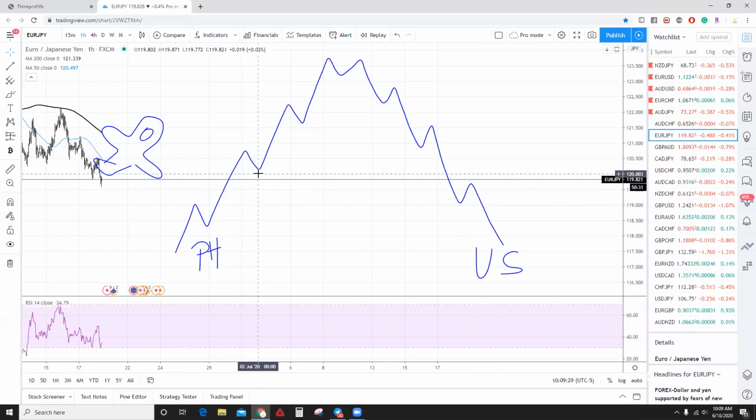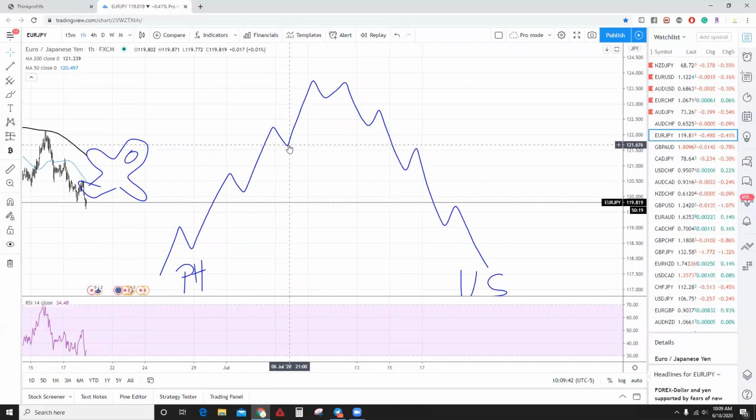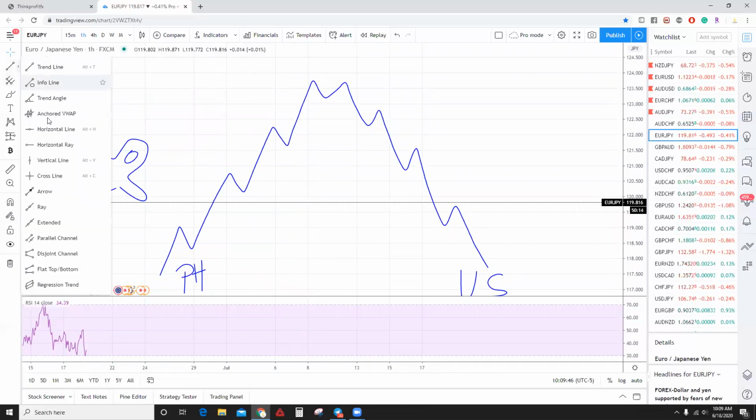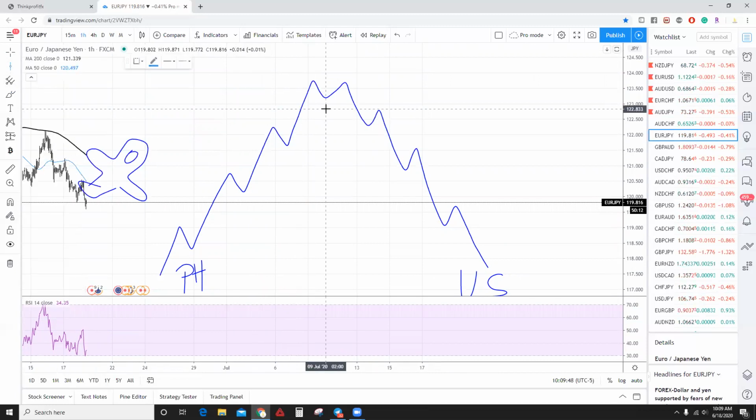Sabi ng iba, okay, pang dalawa na yan, ano ba to? Ano nangyayari, di ba? So, pang third wave, yung paakyat na talaga, may turbulence again. Okay, third times na yan, di ba?